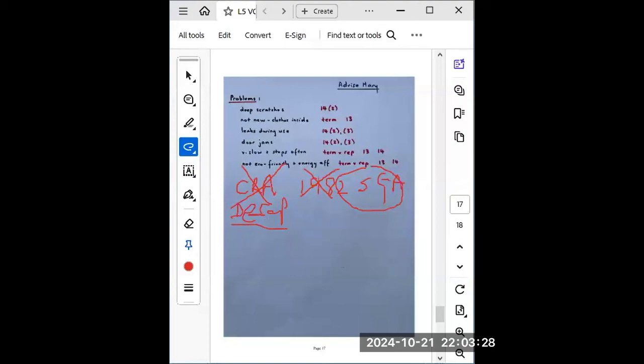Sometimes you need to discuss whether what was said was a term at all, because sometimes it's only a representation, in which event the Sale of Goods Act implied terms don't come in at all. So we need to discuss terms versus representations. If it is a term, then we say it's an express term, and then we can talk about section 13. We can then discuss satisfactory quality and fitness for purpose.